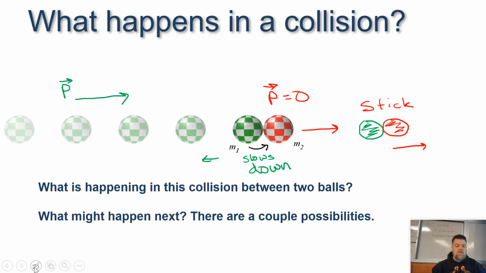And when they go together, they have the same momentum or velocity, which would be lower than the original momentum or velocity over here. But in either case, the momentum is conserved, right? Does that make sense? All right. So let's see how that looks. Oh wait, did everybody get that written down?